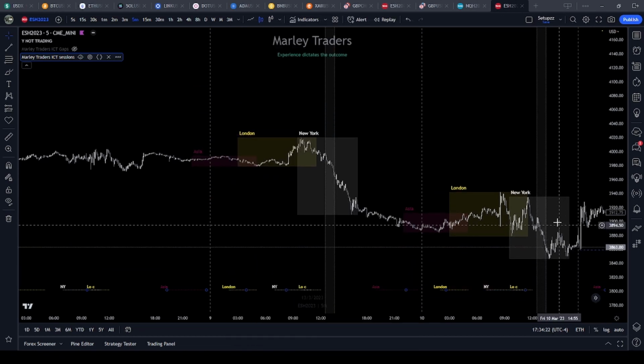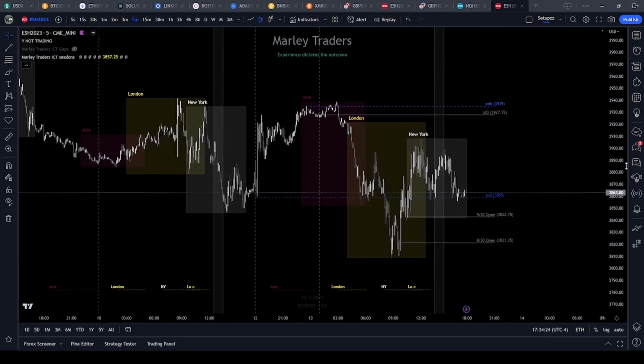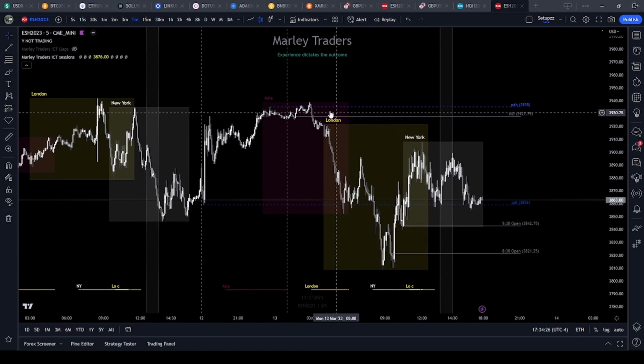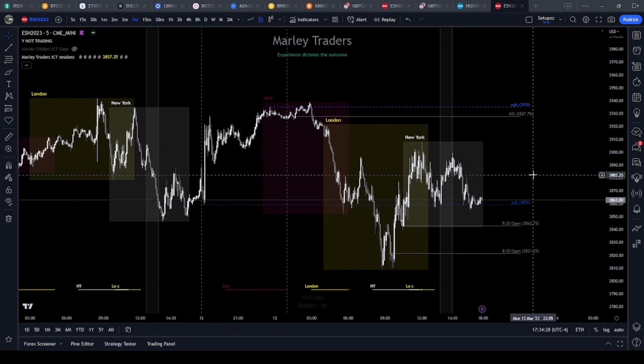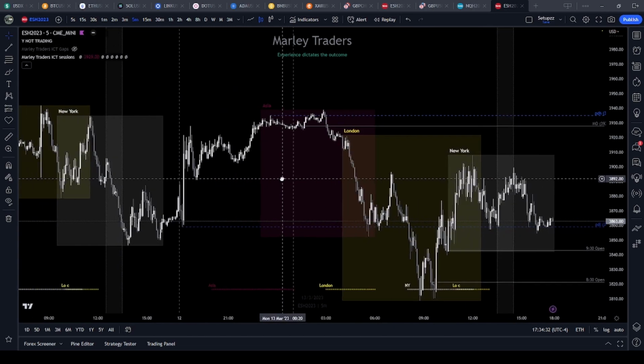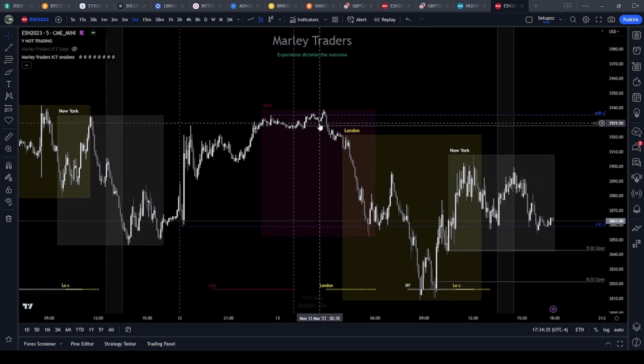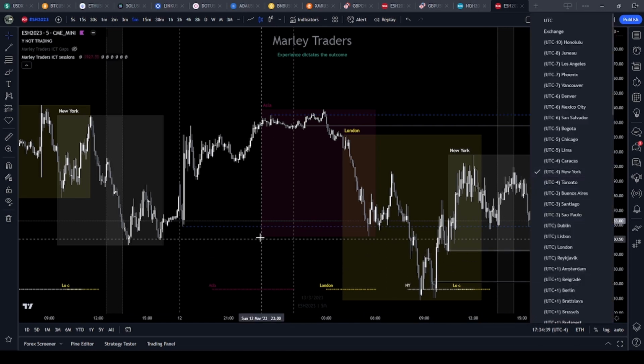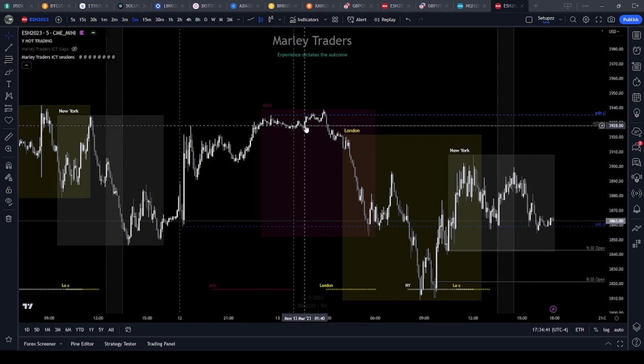And if you look at midnight open, now this is very interesting. For New York or for US traders, this time I think they are sleeping. This is New York time on my TradingView. So these guys will be sleeping, most of them anyway.